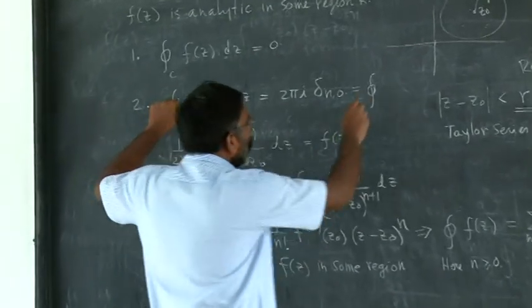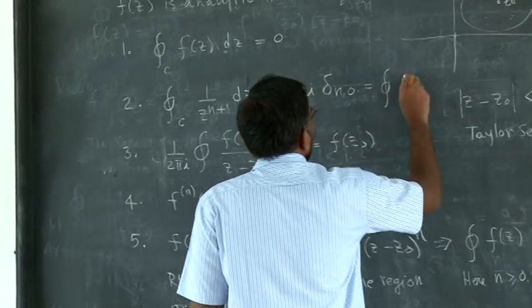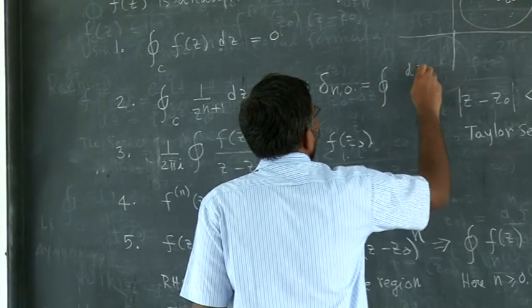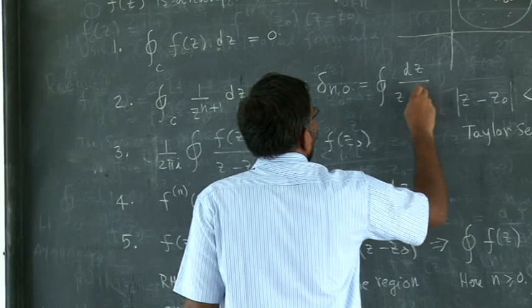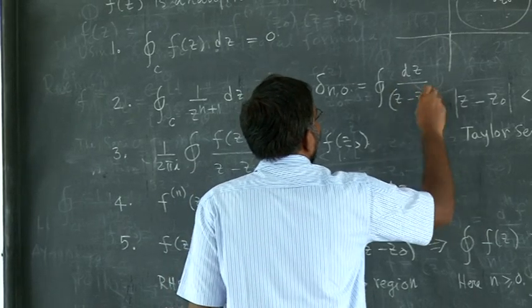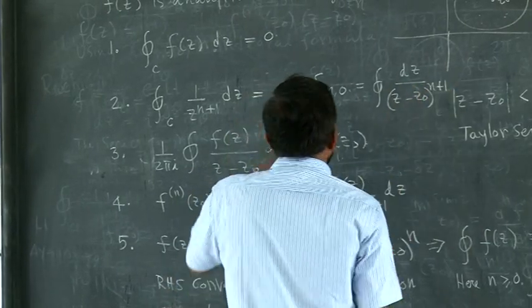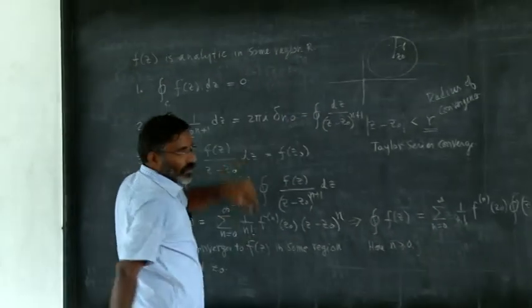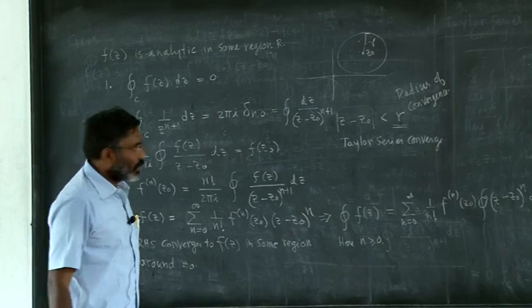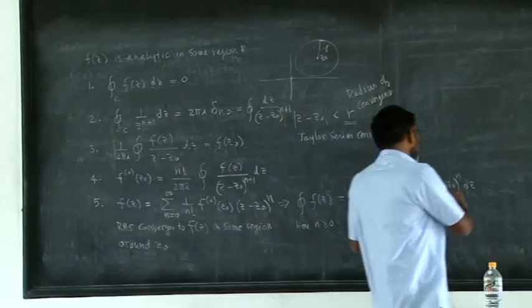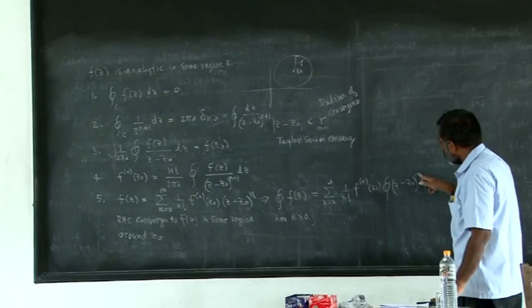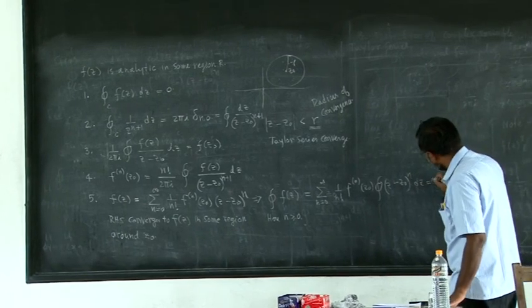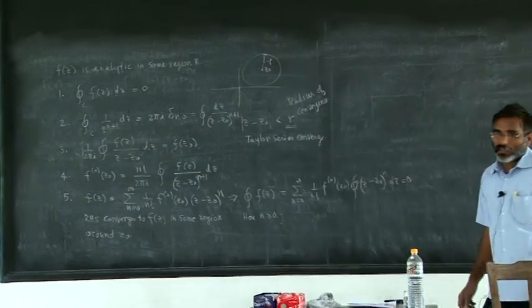But if I have an integral over a closed curve around z naught, I can write this as dz by (z minus z naught) to the power n plus 1. So this result is also true if you take this contour around z naught. Correct? So now you know if n is greater than or equal to 0, this is 0. This is actually Cauchy's integral theorem.